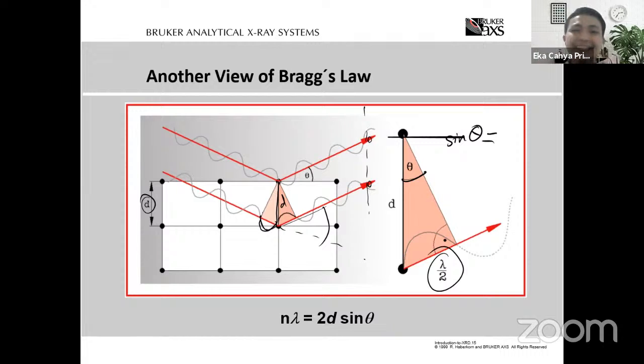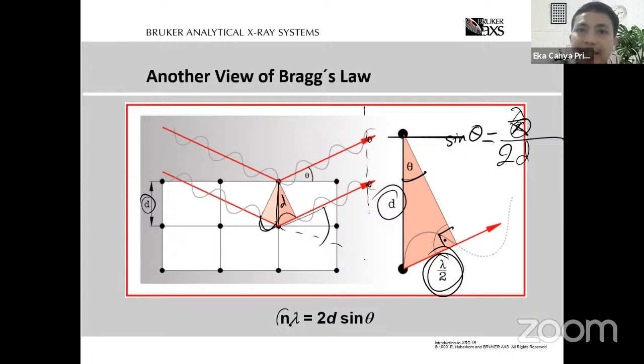So here the opposite side is half lambda over D, and I got the hypotenuse. So this one is lambda over 2 over D. This refers to n, so 2D, and then lambda over 2D.